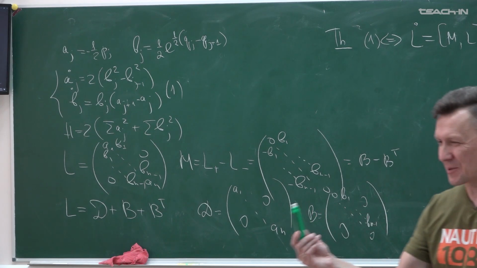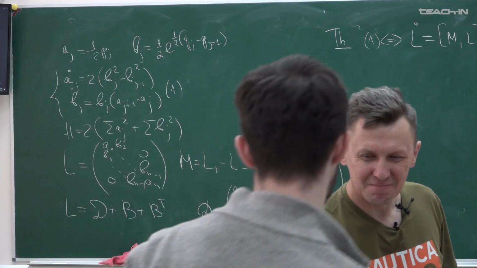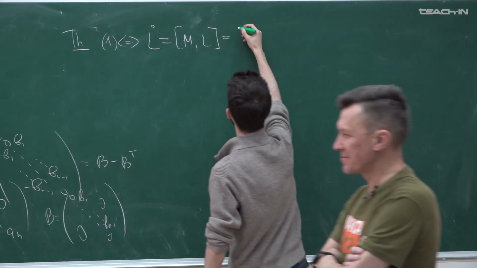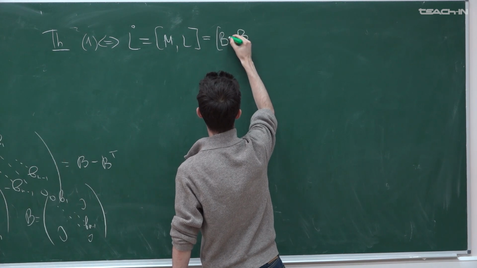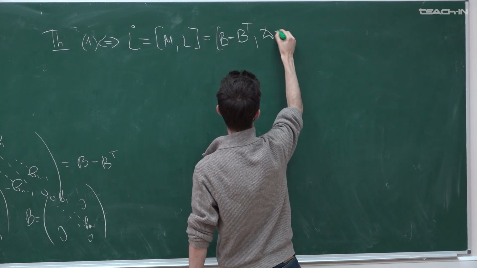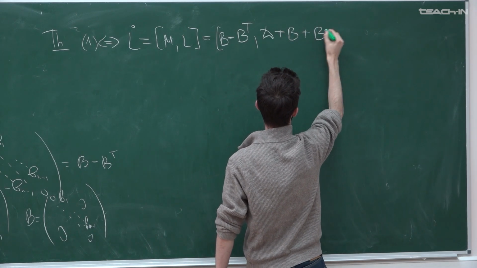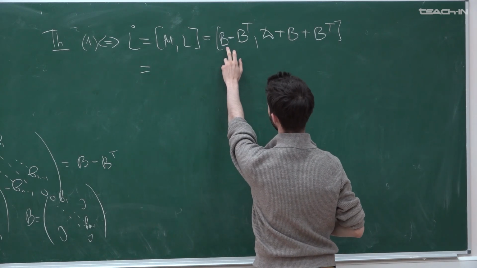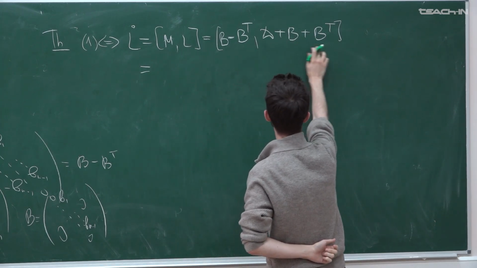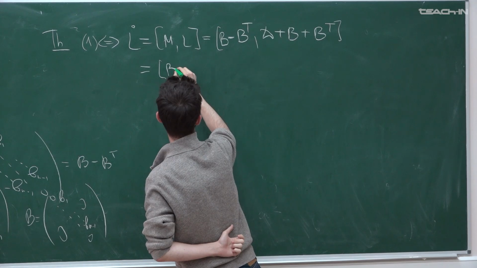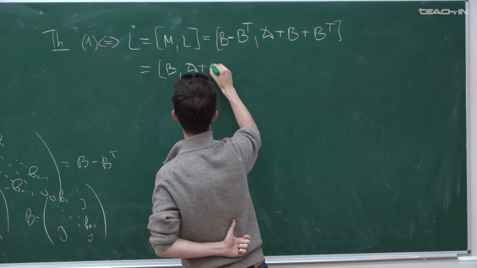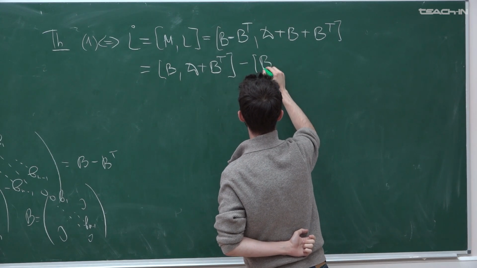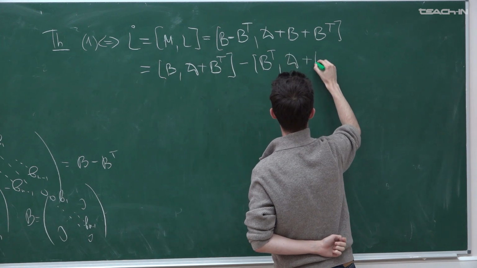Yes, of course. But then you need to find the commutators. When you look at the first term and compute it with this, we are only left with D plus B transposed. And here we are left with this.